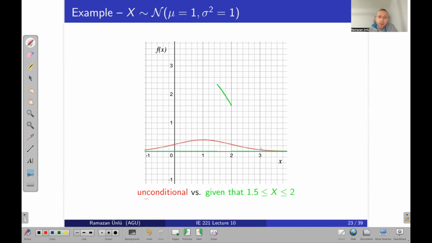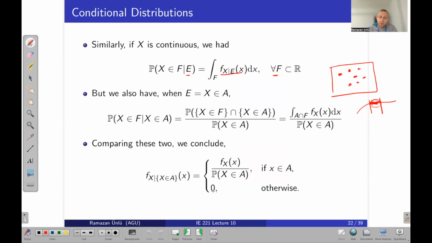But now, because I'm given some piece of information, I make my sample space smaller, so I have to scale up the unconditional probabilities. The given information is that x will be between 1.5 and 2, right? So if x is outside of this region, the probability will be 0 based on these formulations.